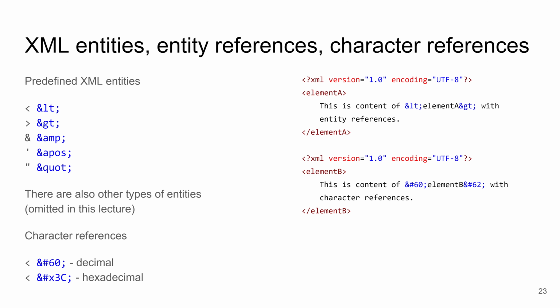Another way of escaping those characters is so-called character references, which are seen in the second example in the slide, and they have the form of an ampersand, then a hash, and then either a decimal or hexadecimal number of the character being replaced, and then again a semicolon.